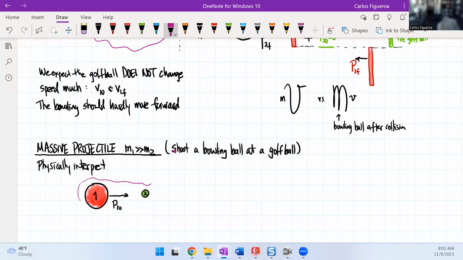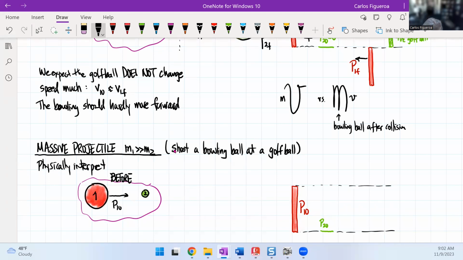Again, I want to choose my system this way because now the power of choosing this is that we know that the momentum of the bowling ball is this big right here. And because the momentum of the bowling ball is like this, and we have a stationary golf ball, the power of conservation of momentum is these guys have to be the same. That's my total momentum, or V center of mass, remaining fixed. That's what we mean by that.